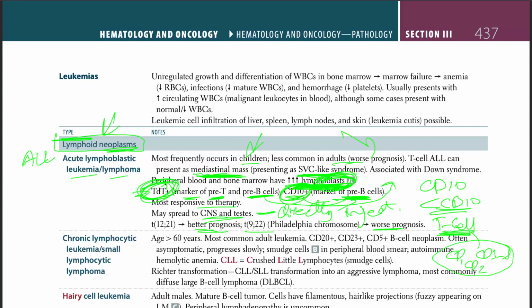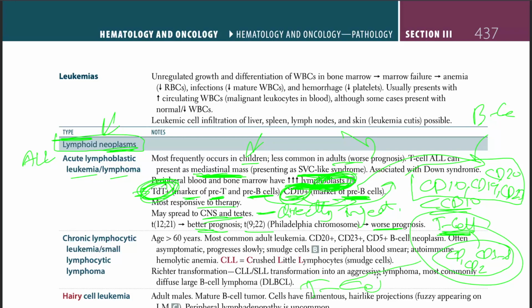For the B cells, you have CD10, CD19, CD20, which is also very important for B cells, and CD23. So the way I think about it is greater than 10 is associated with B cells. Less than 10, these are just surface markers, okay? We are looking for T cells.